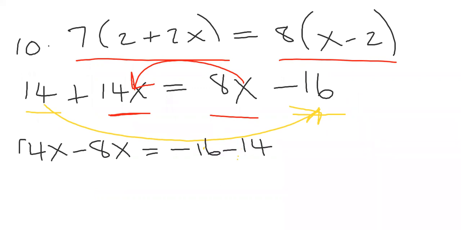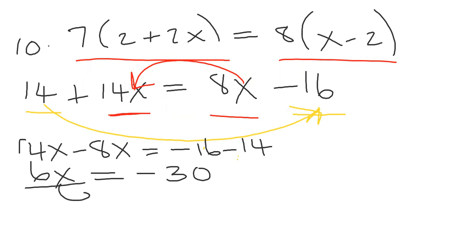So solving that, 14x minus 8x gives us 6x. Then on the other side, negative 16 minus 14 gives us negative 30. So we are solving for x.